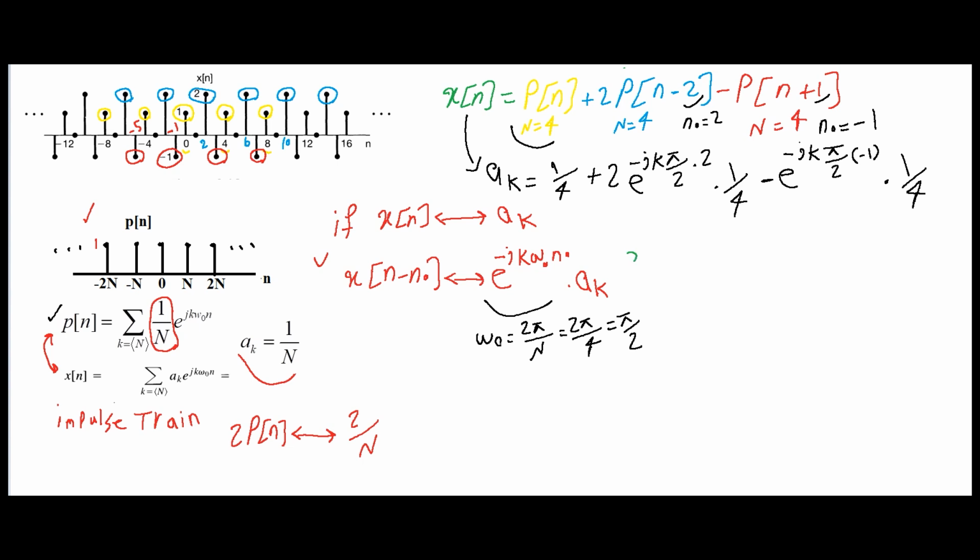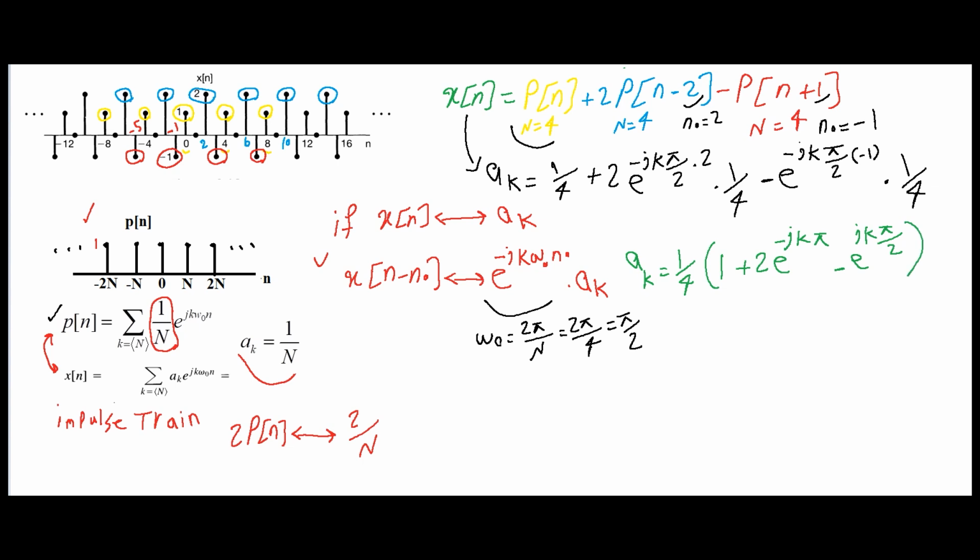Now combining everything, we get AK equals 1 over 4 times 1 plus 2e to the power of minus j k p minus e to the power of j k p over 2.